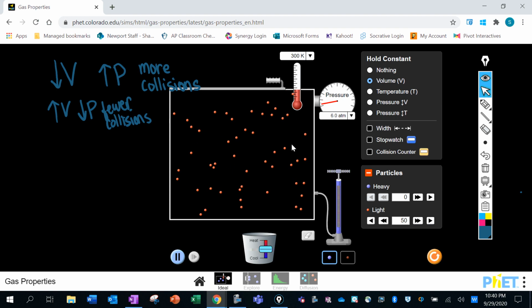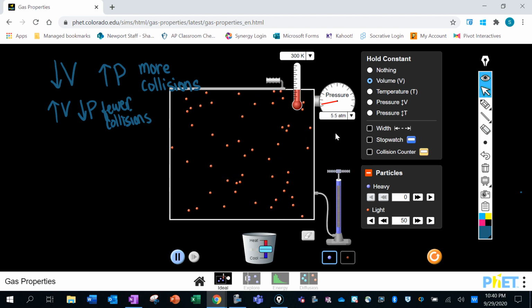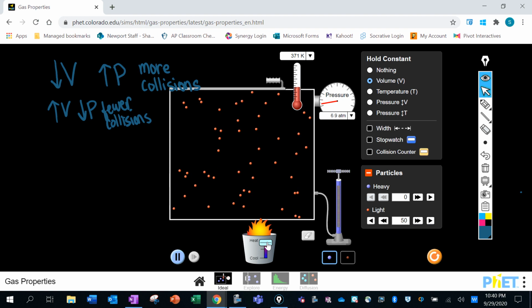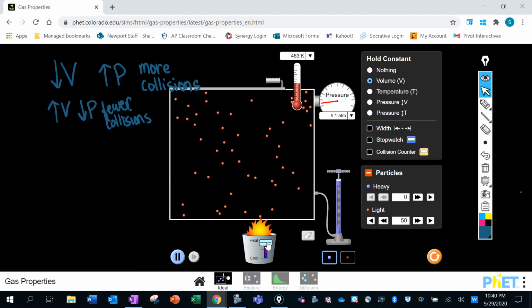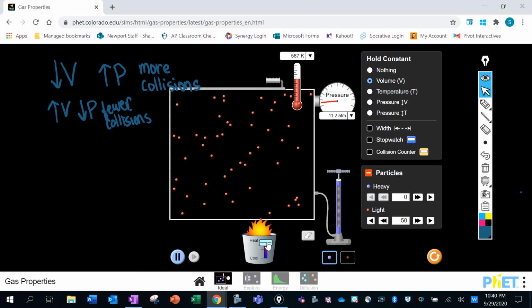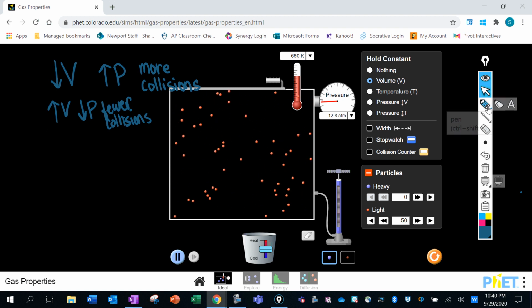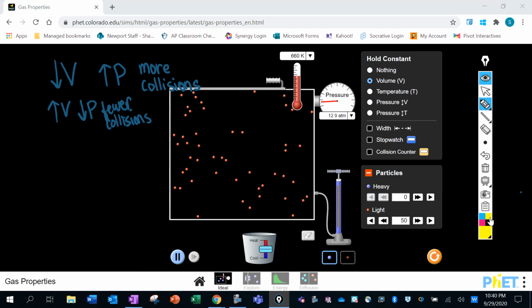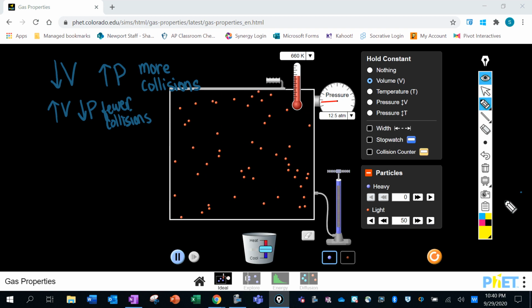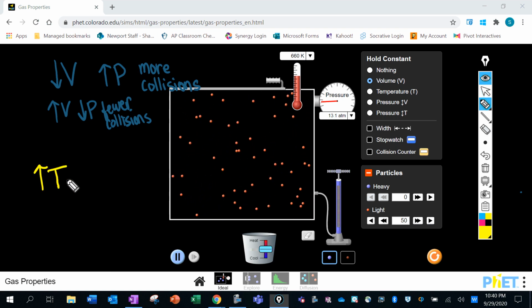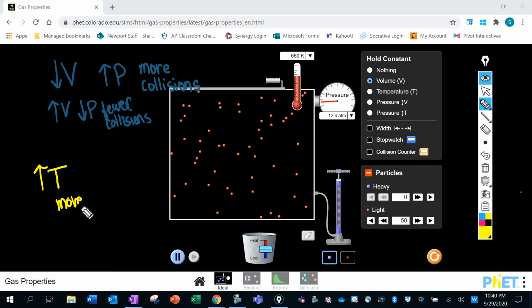Again, right now our starting pressure is around 5 or 6. I'm going to heat it up and watch these gas particles go. If I heat it up, we should notice that these gas particles are going significantly faster. So as we increase the temperature, the particles move faster.